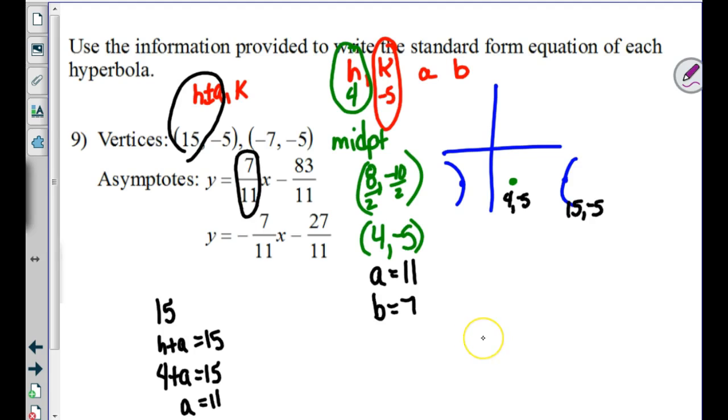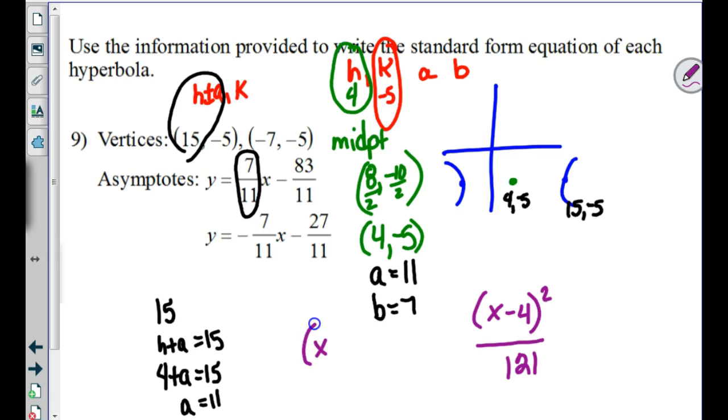It opens sideways, so make sure you're looking at the right one. Over 100, which is just A squared, right?